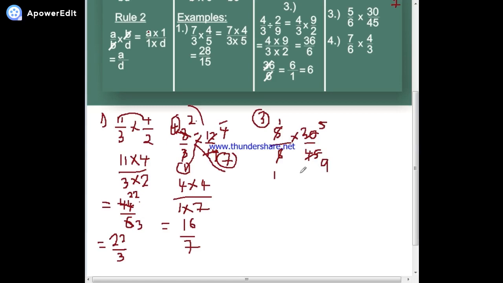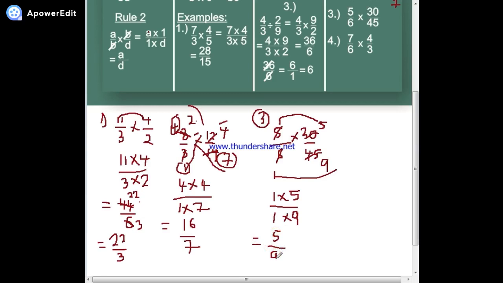So what now remains is, at the numerator side, 1 times 5 over this denominator, 1 times 9. 1 times 5 is 5, and 1 times 9 is 9.